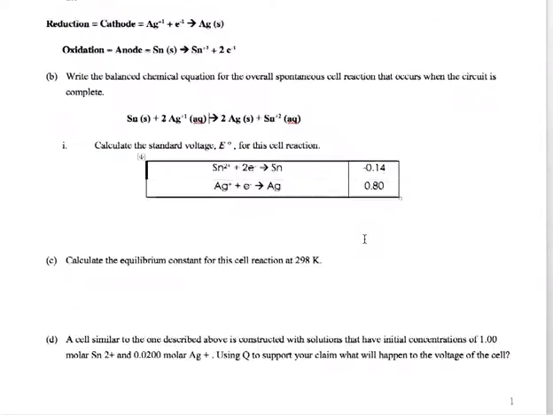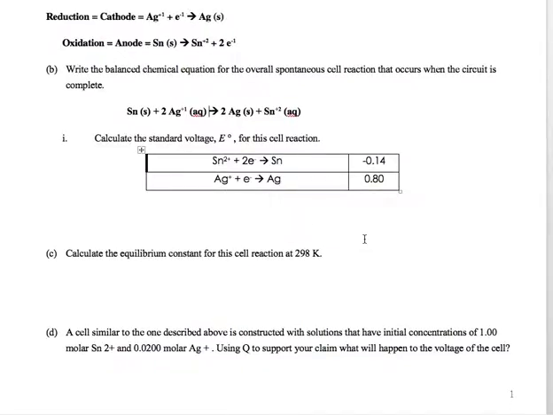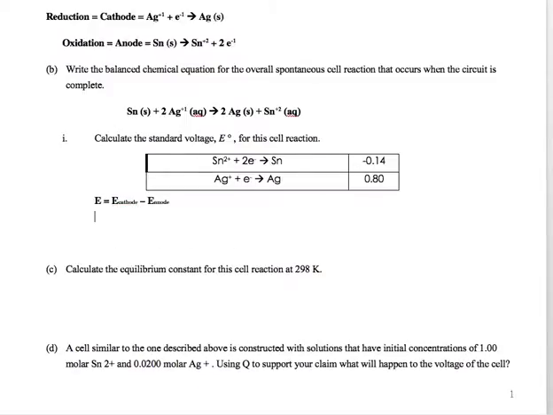The next part asks you to calculate the standard voltage for this cell. You just have to remember that E naught is the E of the cathode minus the E of the anode. So you have to know the cathode and the anode.